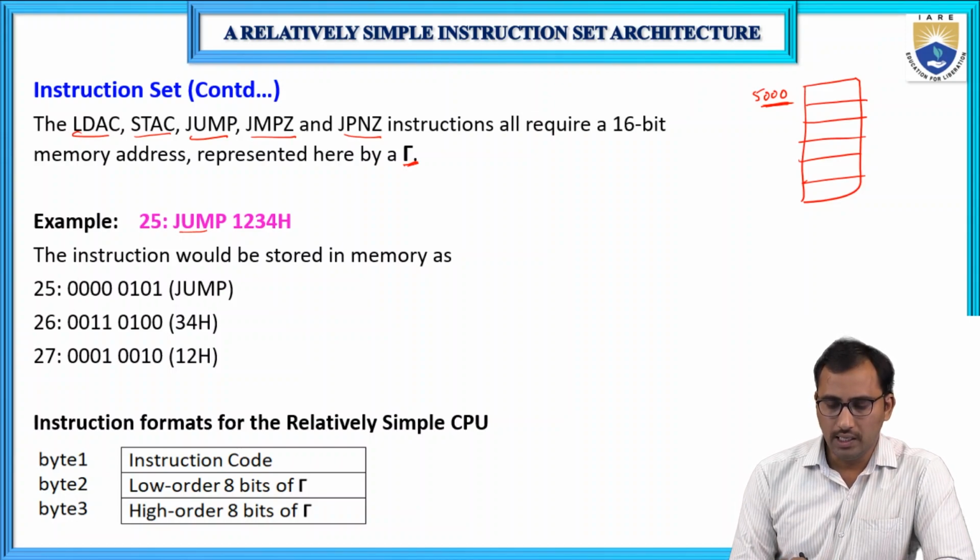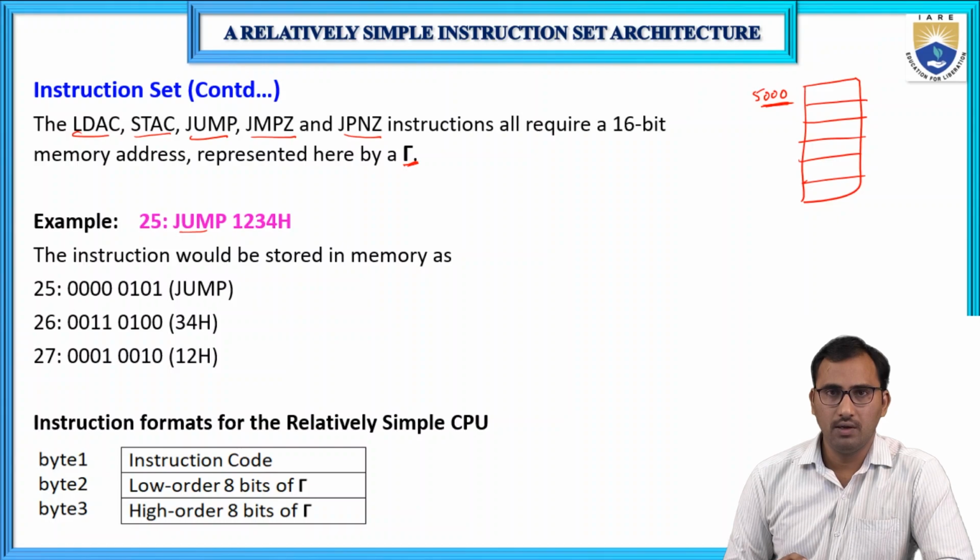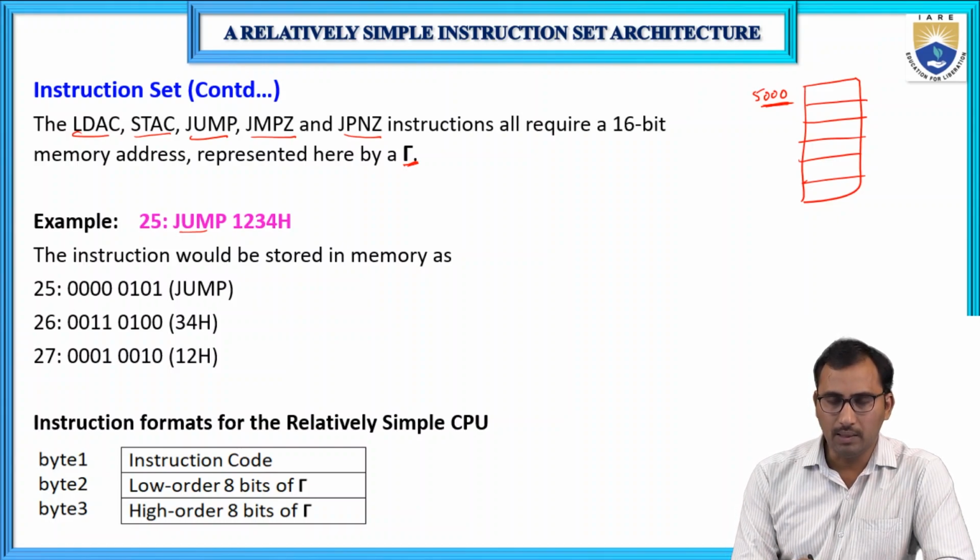That means here we are not checking any condition. Whenever we write jump 1234, when the program control comes to the 25th location, where the instruction jump is stored, then whenever this jump is executed, the program control will be transferred to the 1234H location instead of going to the next address.